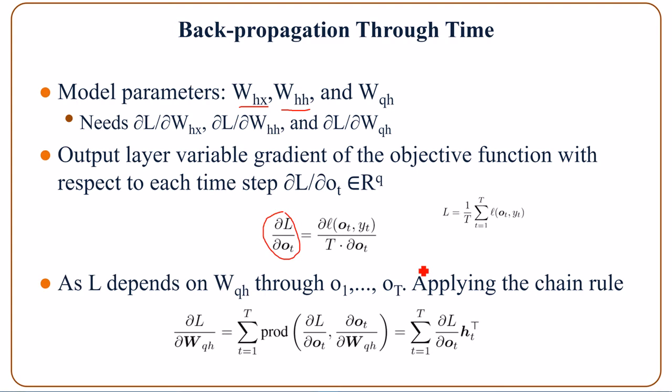Here just a reminder, from the previous slide the loss function is the sum for all the T time steps of individual loss at time t divided by T. So here, taking the derivative of the loss L with respect to the output at time t, o_t, only the loss at time t matters.